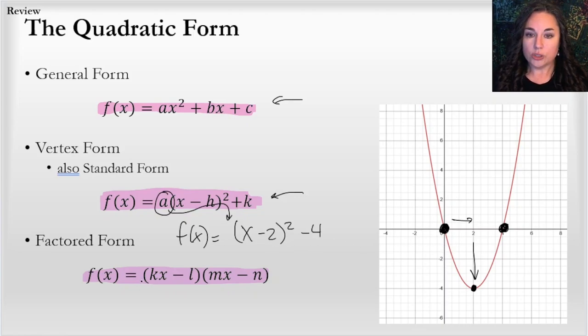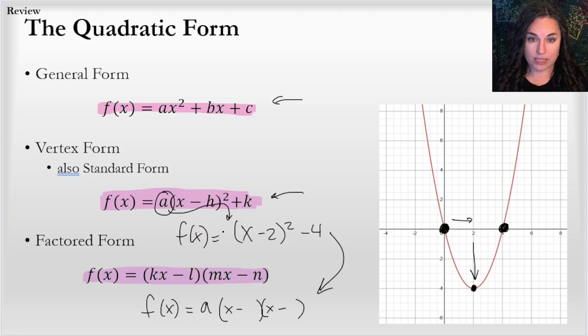Another thing that I can do is say, oh, there's a factored form f of x where I can multiply a times x minus something and x minus something in order to get the same equation. It'll be the same equation. Which isn't too hard for this problem. I see one x-intercept, and the x-intercepts are what go here. One goes through the origin, so that's the 0.